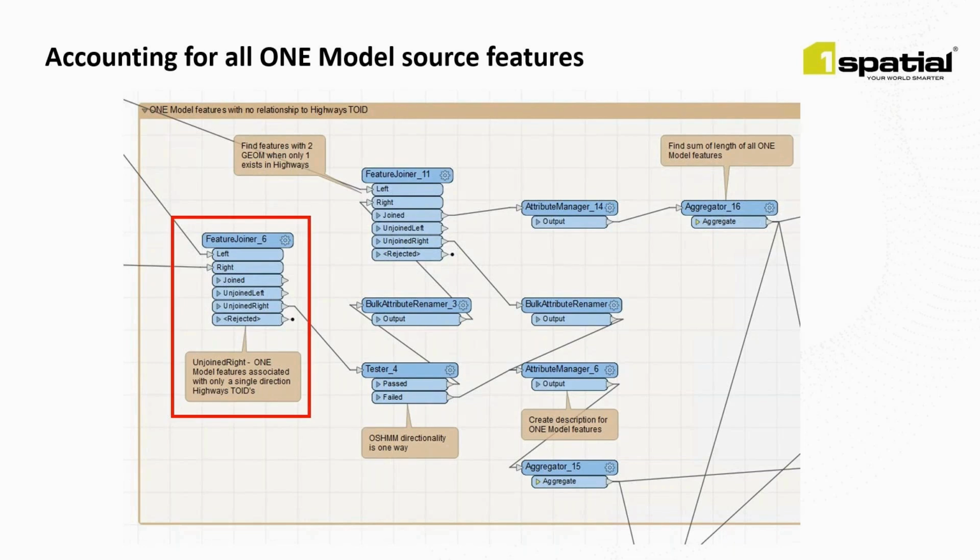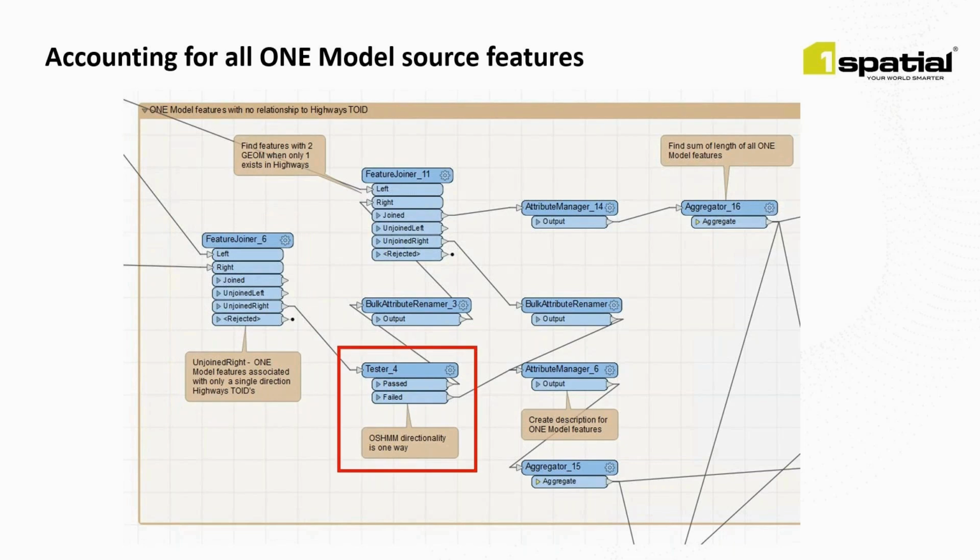We needed to account for the direction, and if the direction wasn't matching, we had to class this as unmatched. A similar scenario is identified features that matched with a directionality of both directions, however the One Model match would be in the opposite direction to the Ordnance Survey feature it identified with before direction was considered.